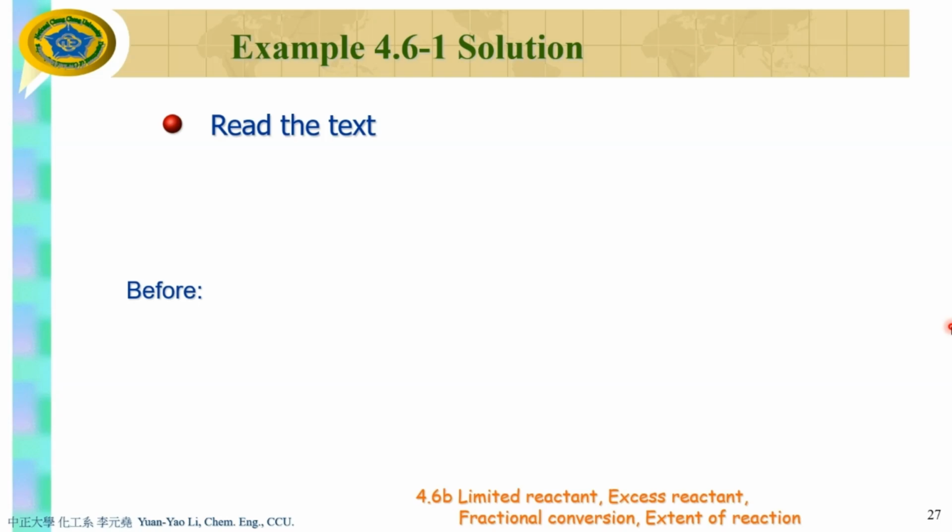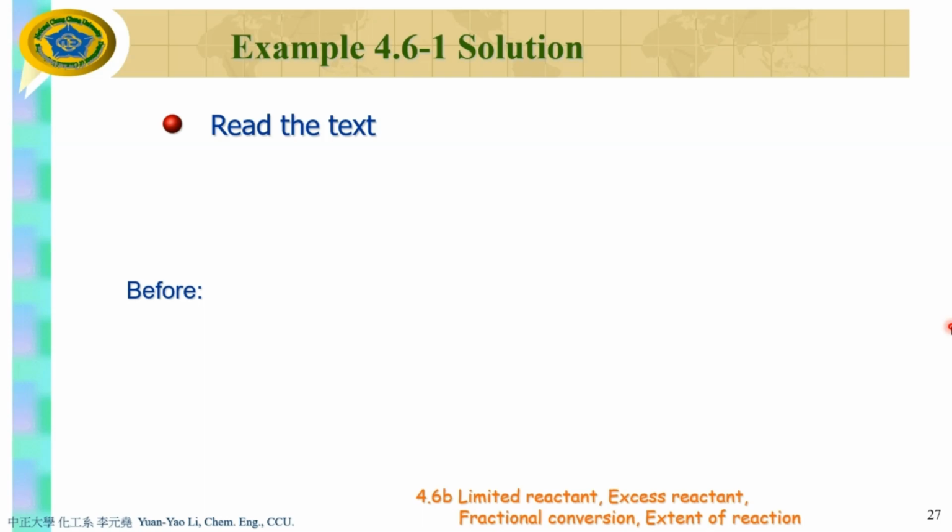The feed to the propylene ammoxidation process contains 10 moles of propane, 12 moles of 12% ammonia, and 78% air. A fractional conversion of 30% of the limiting reactant is achieved. So first of all, you need to decide which one is the limiting reactant, right?